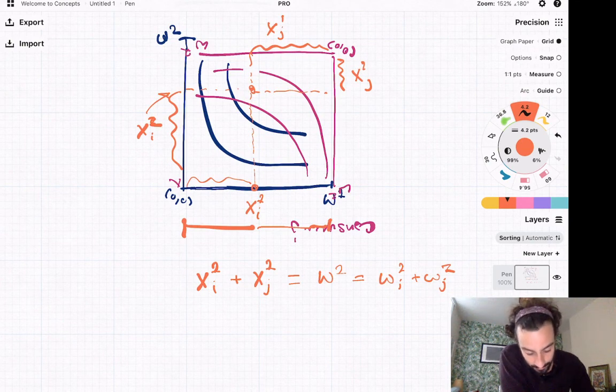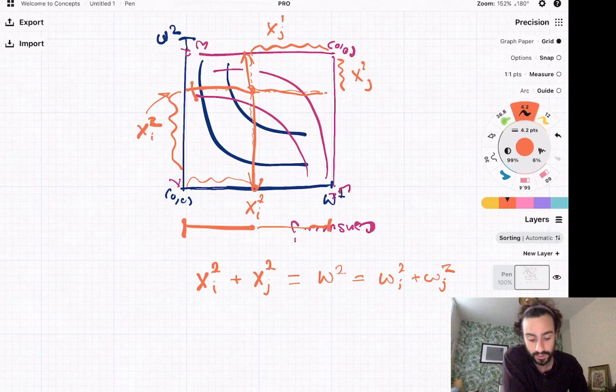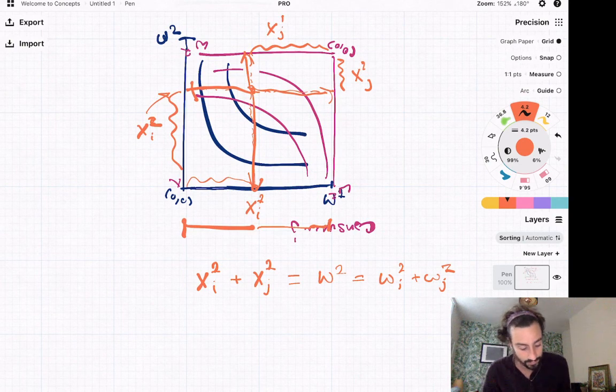Below the point is the consumption for consumer I, and everything above the point is the consumption for consumer J, being measured from the other extreme corner, right? The origin from looking in this perspective rather than in that perspective.